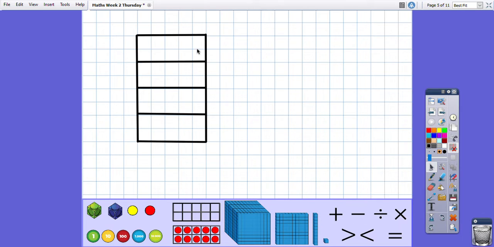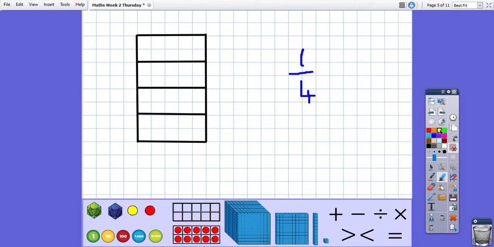I've got this rectangle and I've split it into my 4 equal parts, okay? They are all exactly the same. I want to shade in 1/4. And I know that I need to look at the fraction. So the fraction is 1/4. Okay, because the 4 is how many pieces there are, and the 1 is how many are shaded.